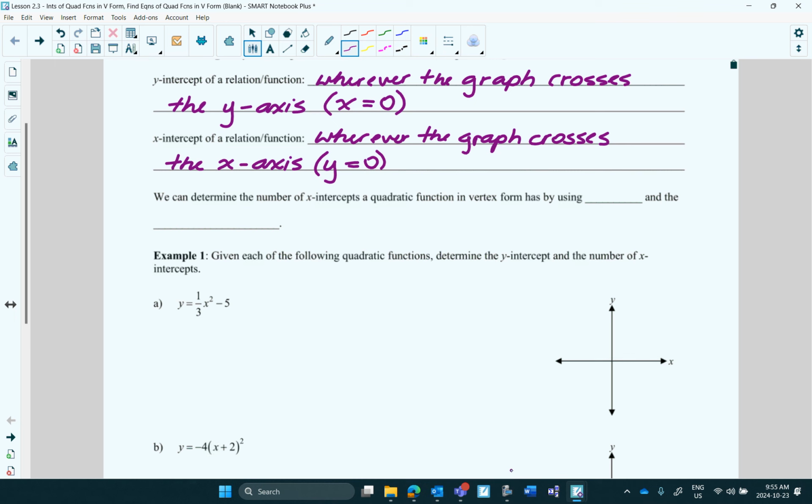So how do we figure out how many x-intercepts are in a quadratic function? Well, by using the vertex and the direction of opening.